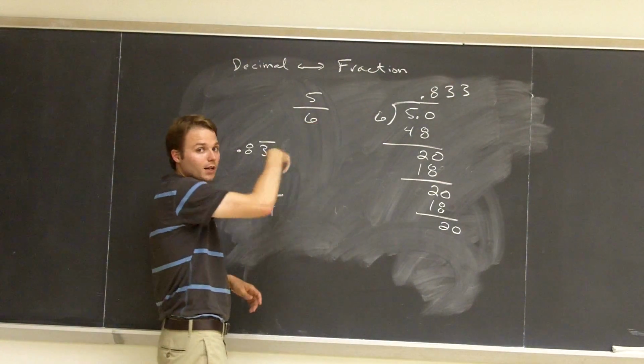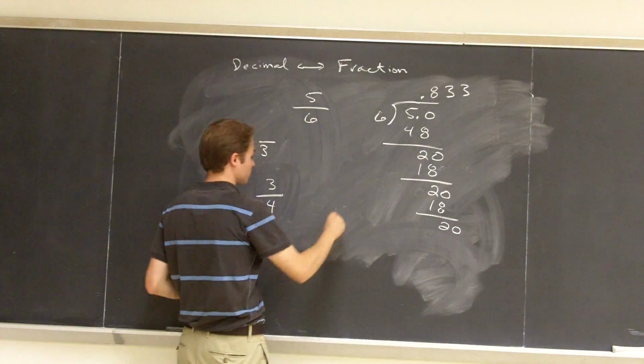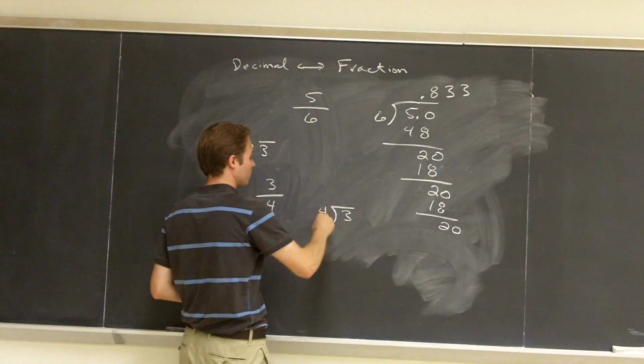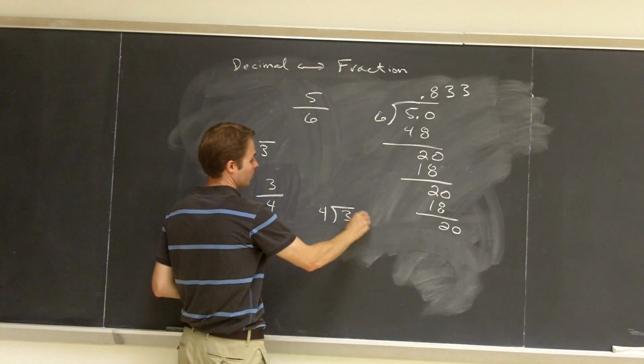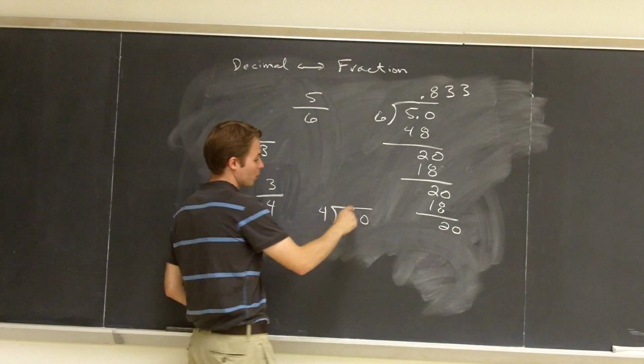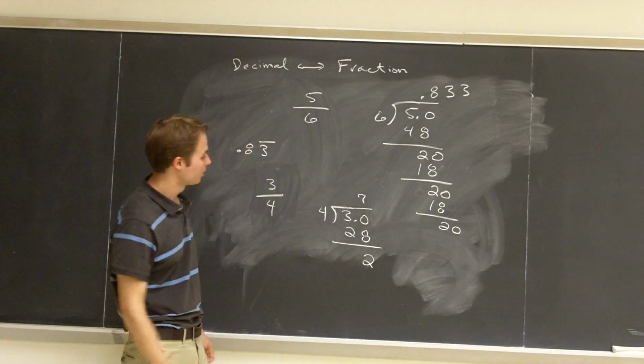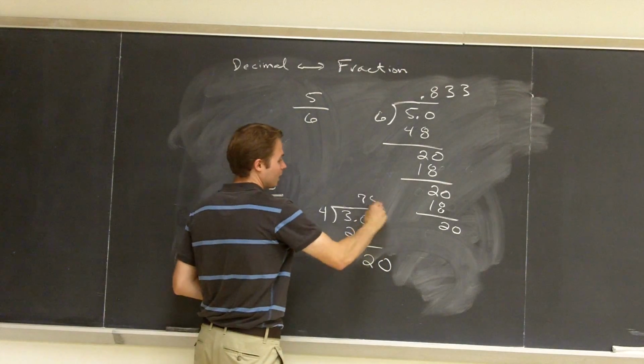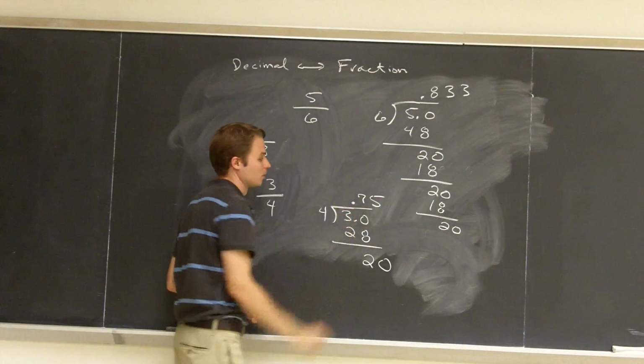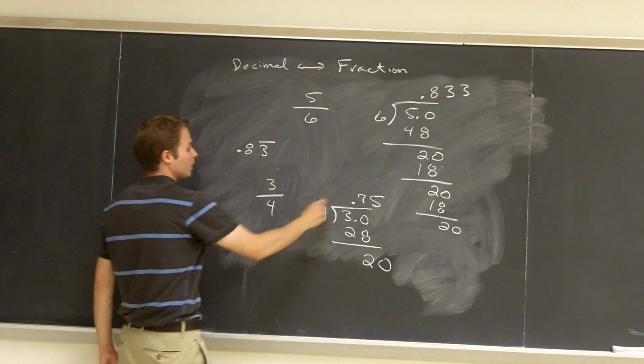But we can still use this process to figure that out if we're not 100% sure. So 3 divided by 4, this will become 3.0. 4 will go into 30 7 times. Then we get a 2 left over, so 4 goes into 20 5 times. So in this case, we get 0.75.